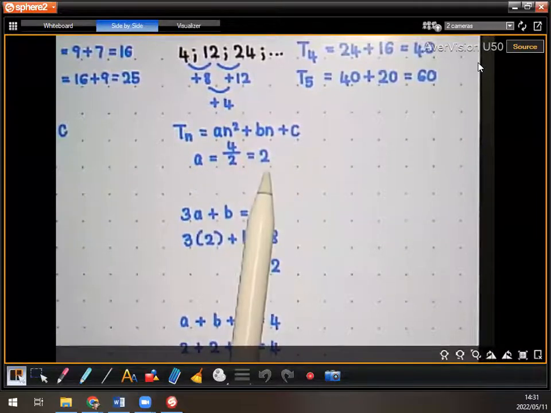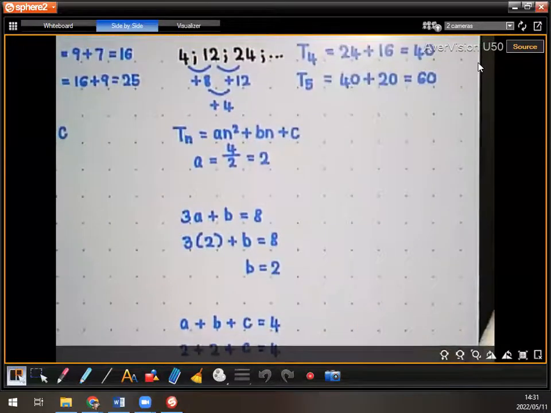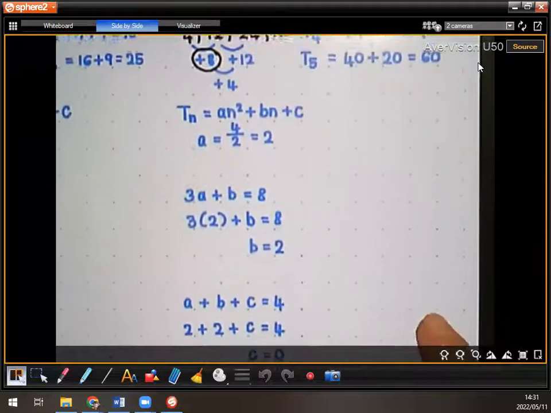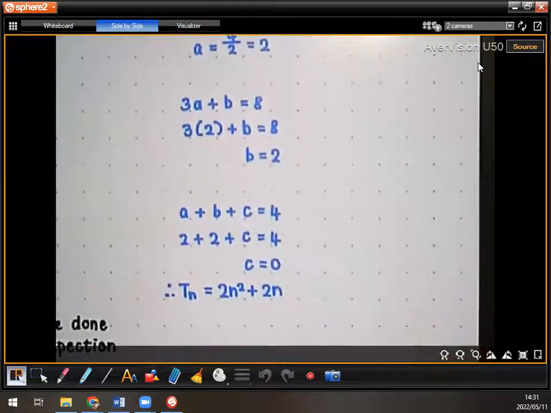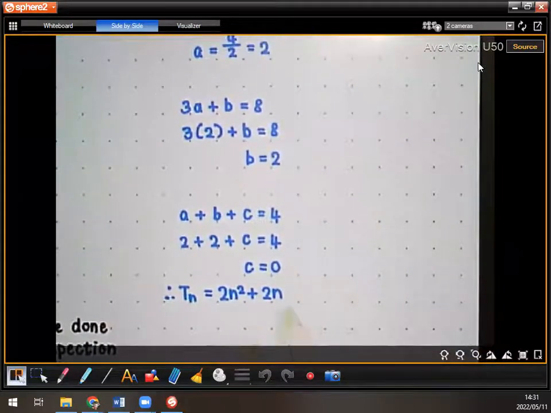A is the second difference divided by 2. 3a plus b is the first difference, which is that number there. Then you do your a plus b plus c for term 1. And guys, remember if it's c equals 0, that just means that you don't have a c. So it was 2n squared plus 3n.